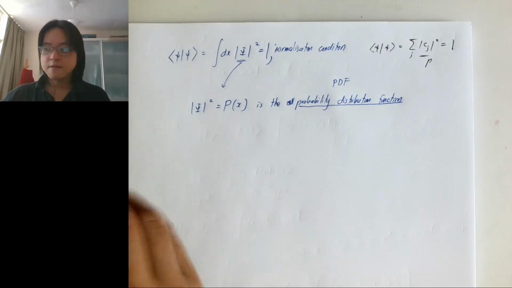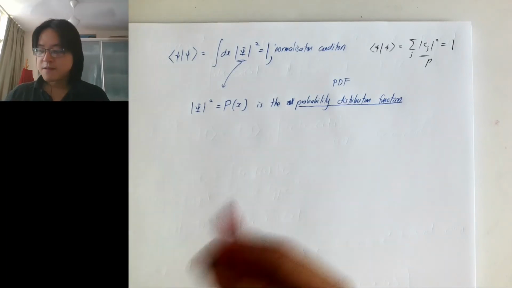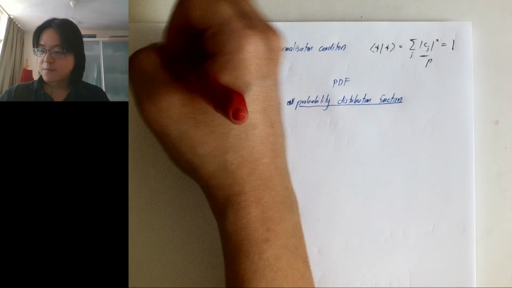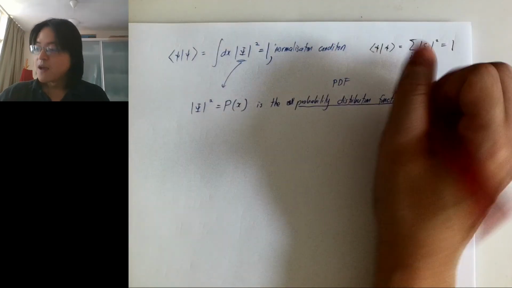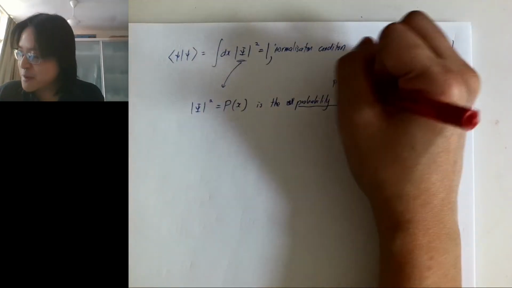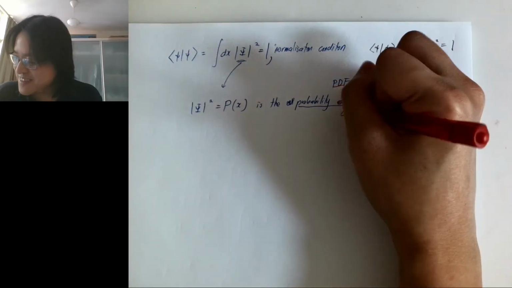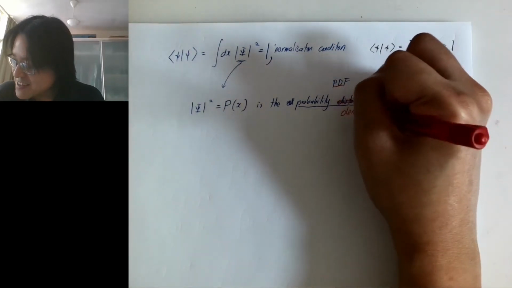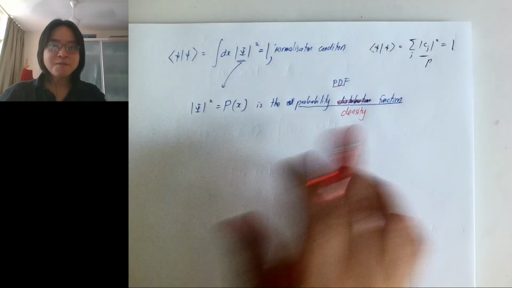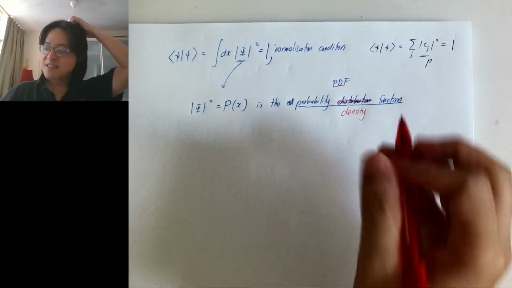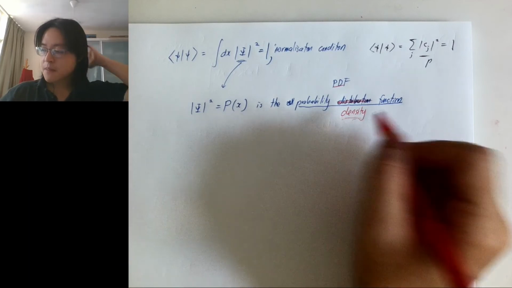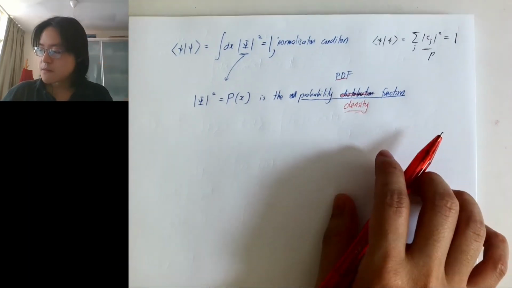Okay, we will discuss this later. I think it should be called probability density function. I remember PDF, but I forgot what the D stands for, we can discuss it later. Sorry, the stats lecturer scolds me if you use distribution function, it means something else. But maybe in quantum mechanics it means something else, that's why I will ask you later.